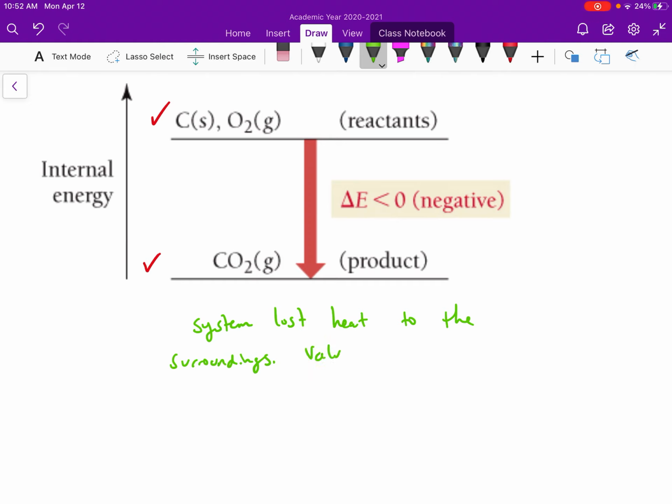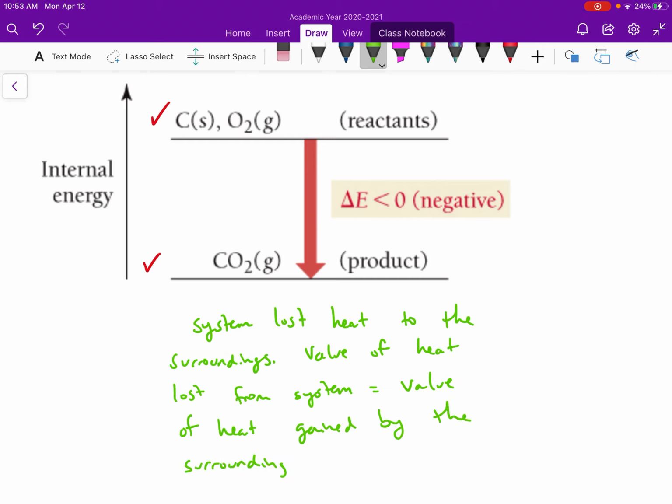The value of heat lost from the system equals the value of heat gained by the surroundings, right?